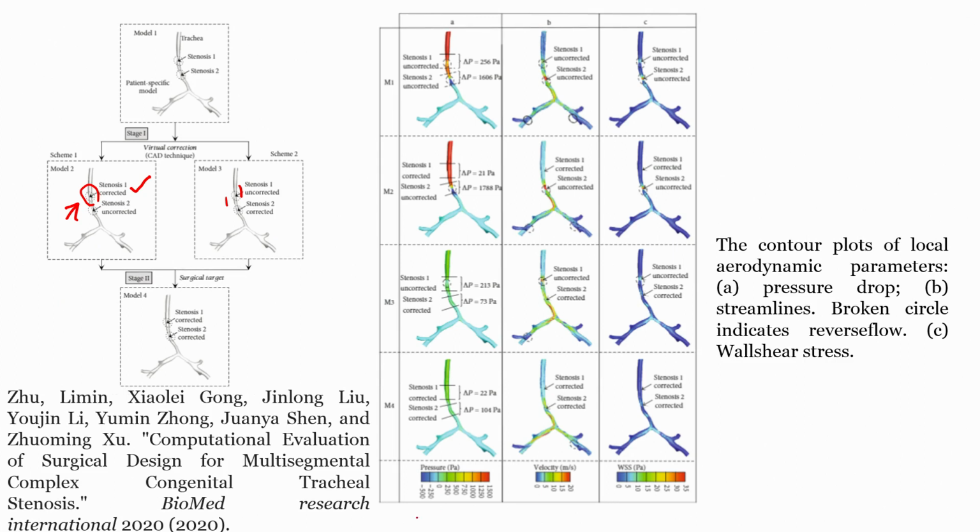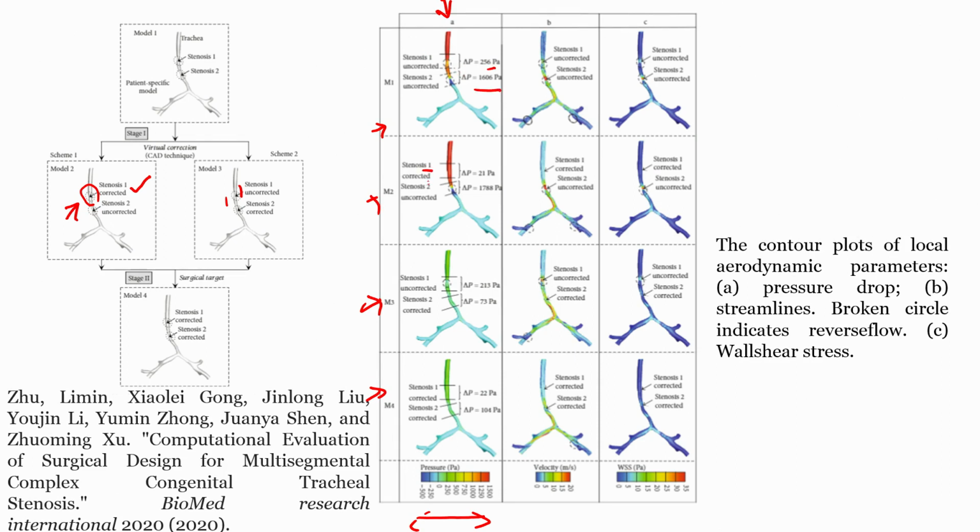Here the color contour in A talks about the pressure difference, and they have considered four different cases. Stenosis 1 is not corrected, and if both of them are not corrected, that is the original condition, what is the pressure that is observed?